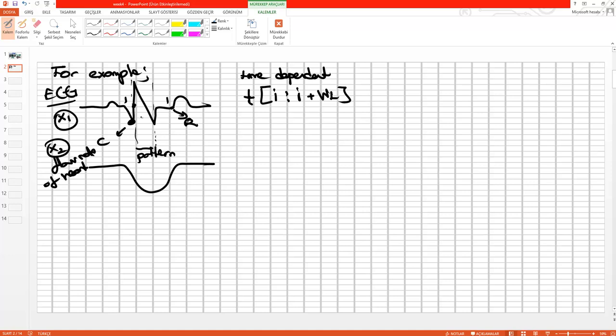So we need to build some window-based example or data distribution. This is the horizontal one.